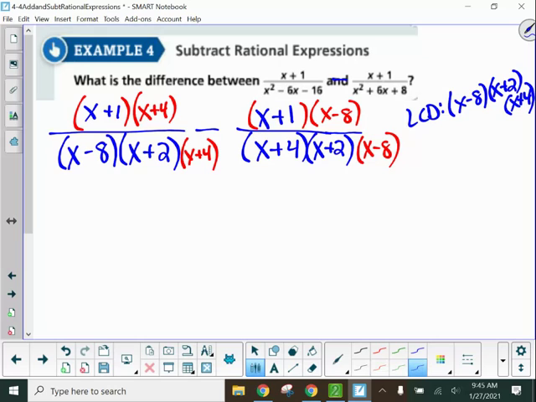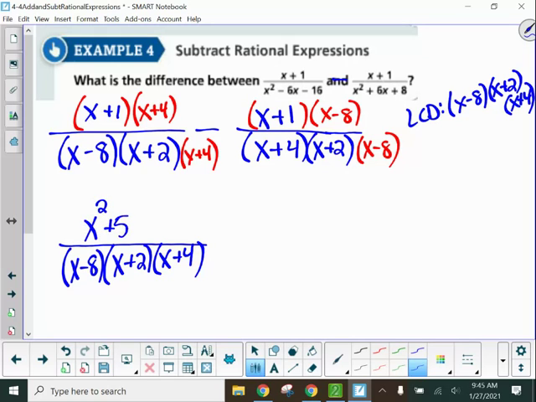So just like in the last example in the last video, I do have to FOIL on top. So when I FOIL the top of this first fraction, I'm going to get x squared plus 5x plus 4, and again I'm subtracting. Second fraction, and I am going to rewrite this to be in the same order.